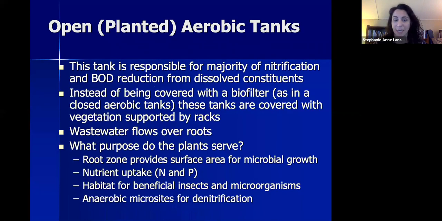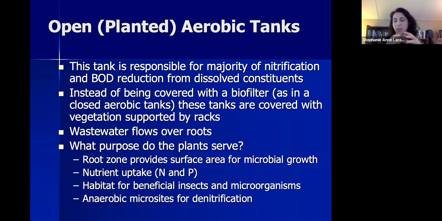Our planted tank, then, is where we're going to get the majority of our nitrification and our BOD reduction. And instead of being covered with a biofilter on top as in a closed aerobic tank, these are going to be covered with vegetation on top of racks. And the wastewater is going to flow underneath where the roots are suspended in these tanks.